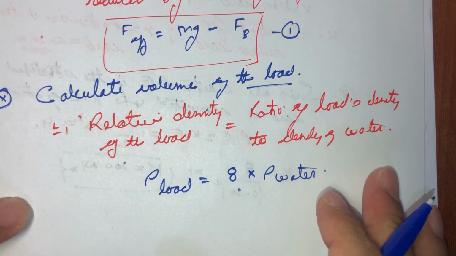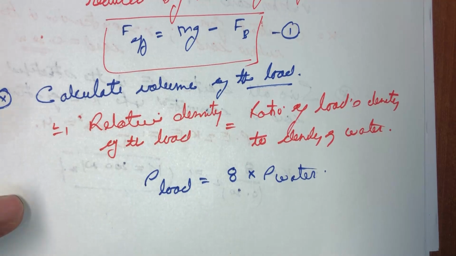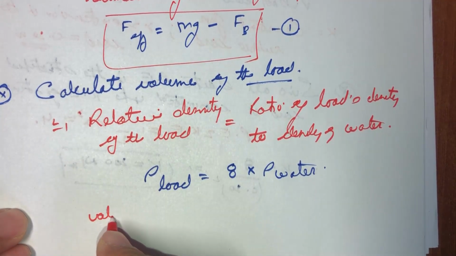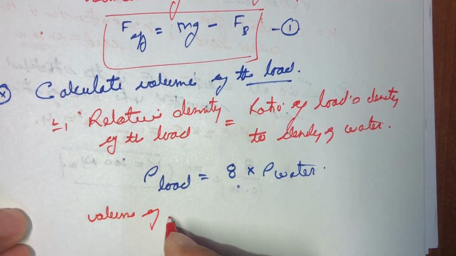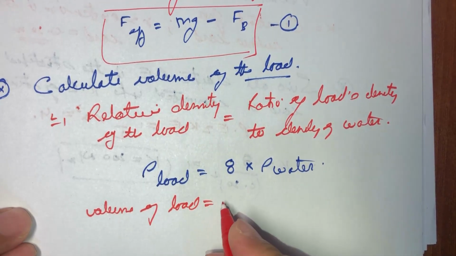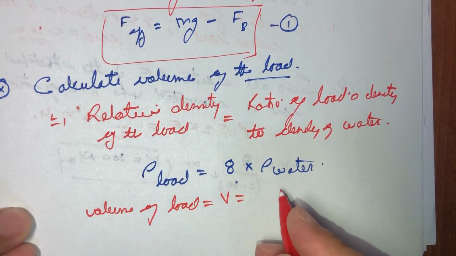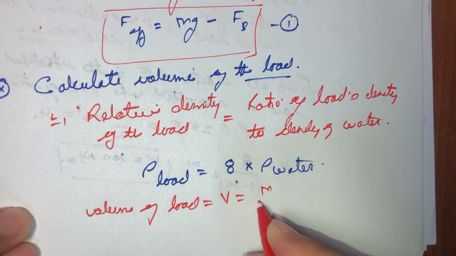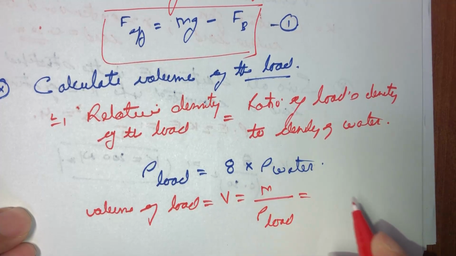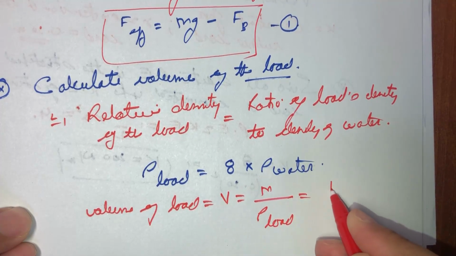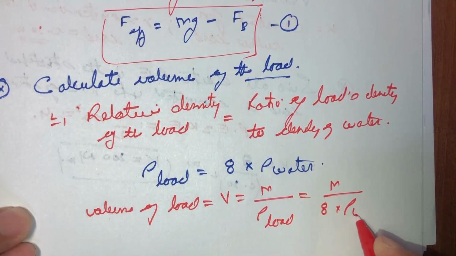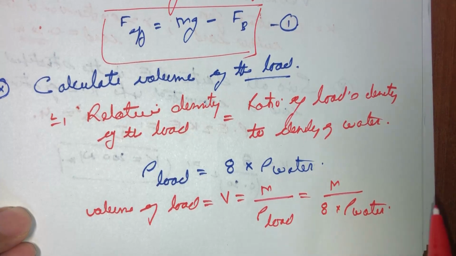And from here we can find out that the volume of the load, let us suppose that is given as V, will be equal to mass of the load divided by its density. And we are going to get this as mass divided by 8 multiplied by density of the water.